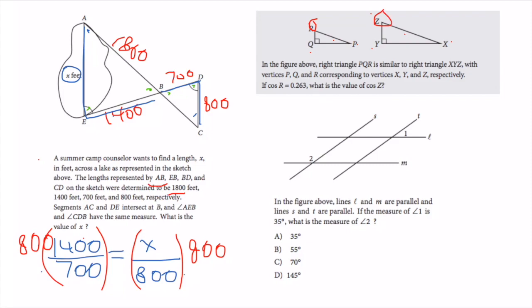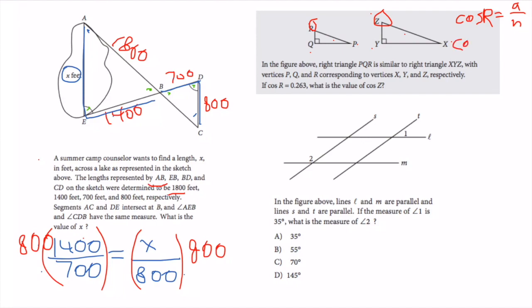All this question is asking is that you recognize that cos of R is 0.263, which is just a fraction, but it's saying it's the adjacent over hypotenuse.